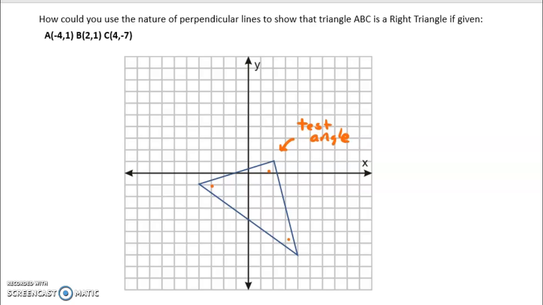Let's test those slopes. So I'm going to use this side. Let's find the slope of this side. And now you can use the formula for slope, or you can just go visual. Okay. Let's just go visual here.